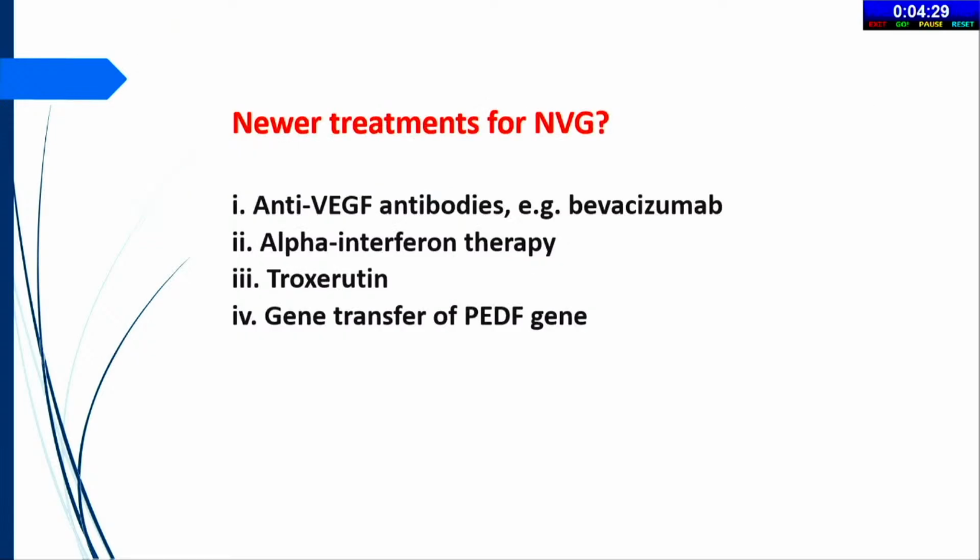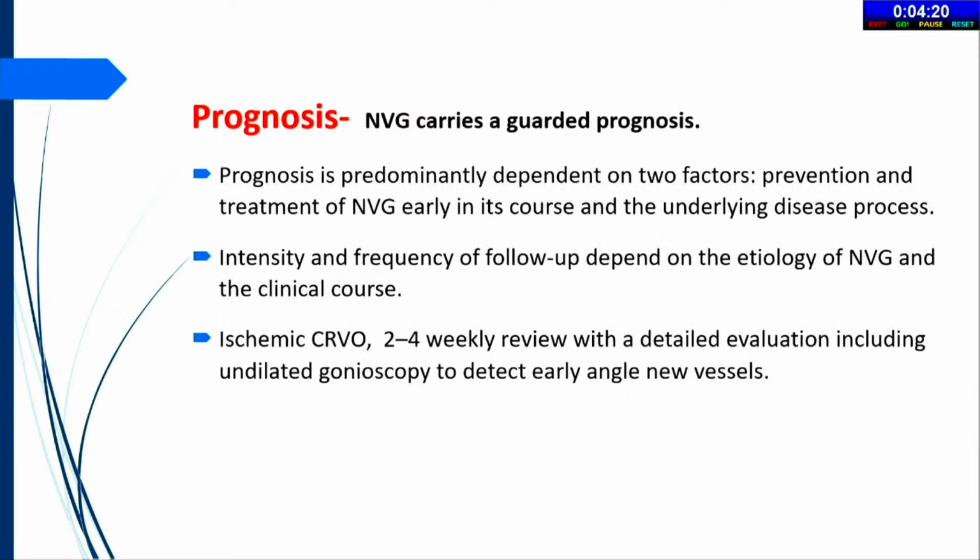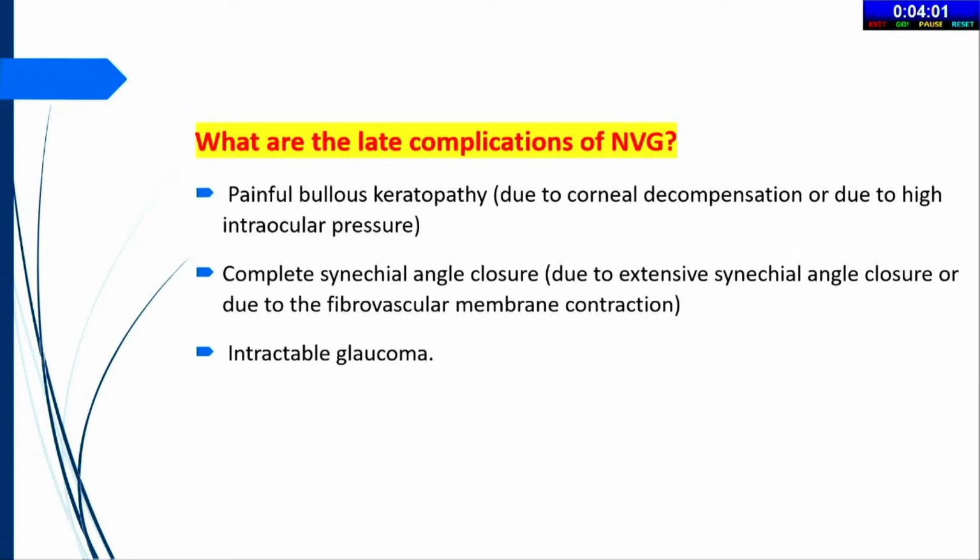Newer treatments are not very promising, but with the advent of anti-VEGF, NVG has a better prognosis in comparison to previously, when we did not have anti-VEGF in our armamentarium and the prognosis was very poor. But nowadays with PRP, with anti-VEGF, and with glaucoma shunts, we can preserve the vision for these poor eyes.